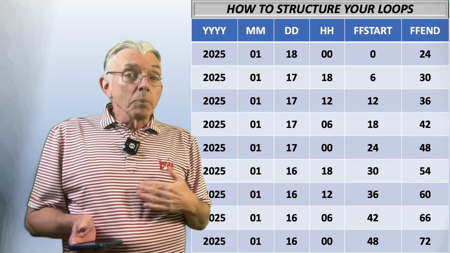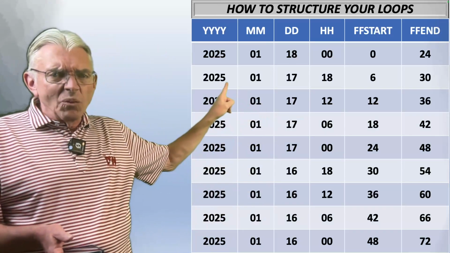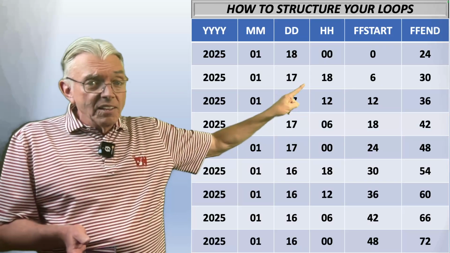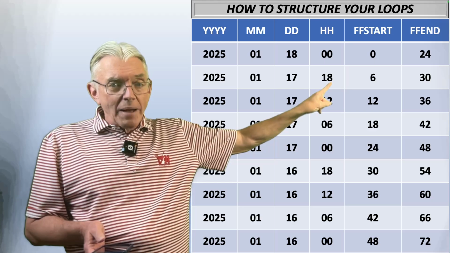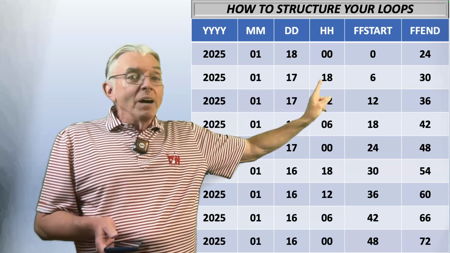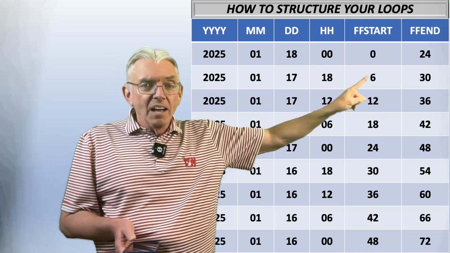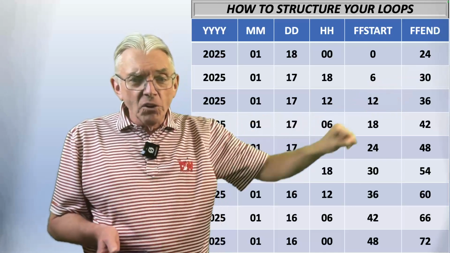Now I want to go to the previous run, which is 6 hours earlier. So now this is 2025, January, but now it's the 17th at 18Z, okay? It goes every 6 hours, so if you go backwards from 0, you're the previous day at 18Z. But in order for this to verify at the same time, I've got to increase the forecast range from 6 to 30.